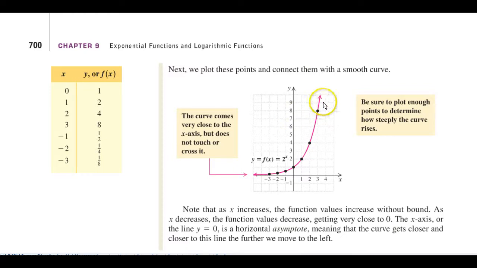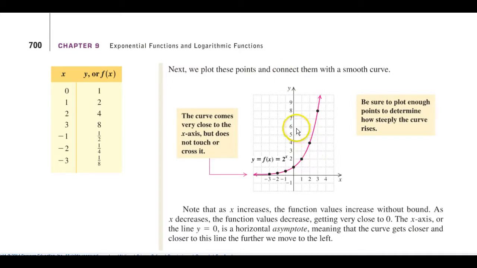Now, as it goes down, this line becomes very, very close to the x-axis, but never quite touches the x-axis over here. And this is a typical plot of our curve for an exponential function.